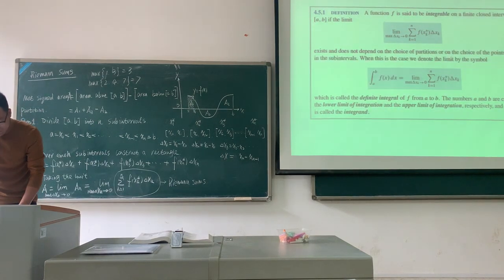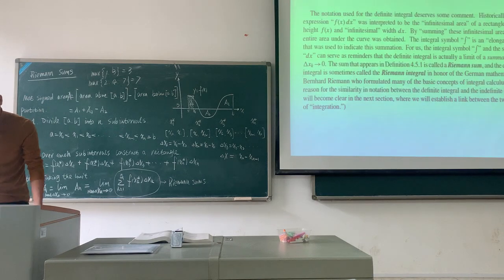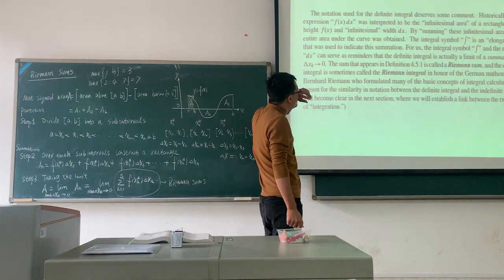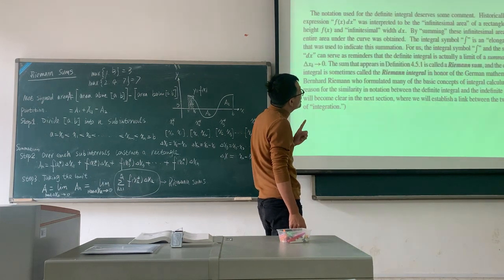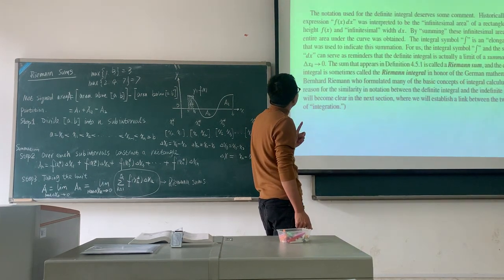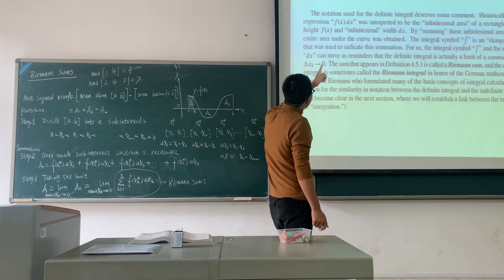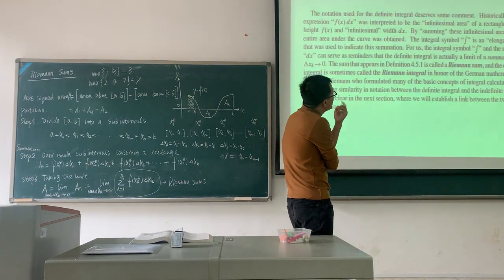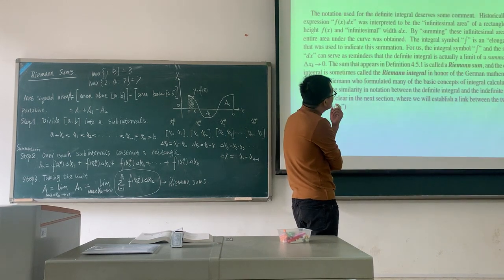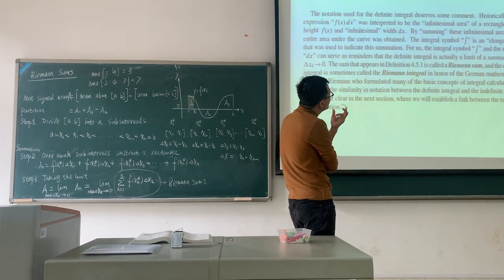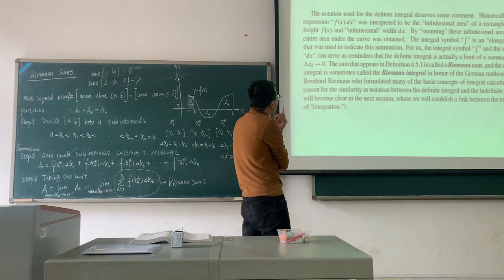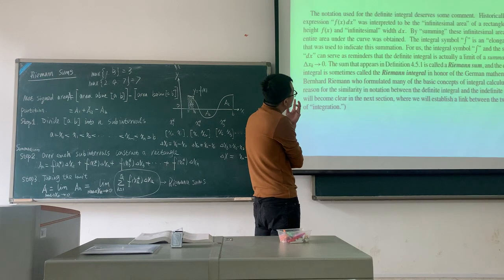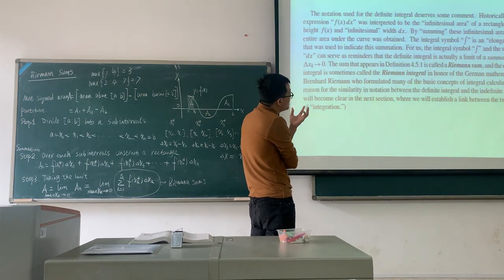Now, let's see this notation used for the definite integral, which deserves some comment. The expression f(x) dx can be thought of as the infinitesimal area of a rectangle with height f(x) and the infinitesimal width dx.